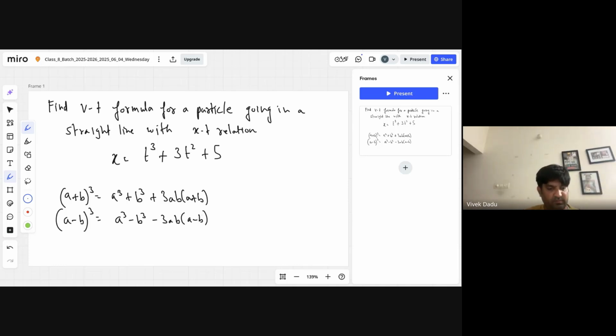Is this? But how does it become t square? This was delta square.